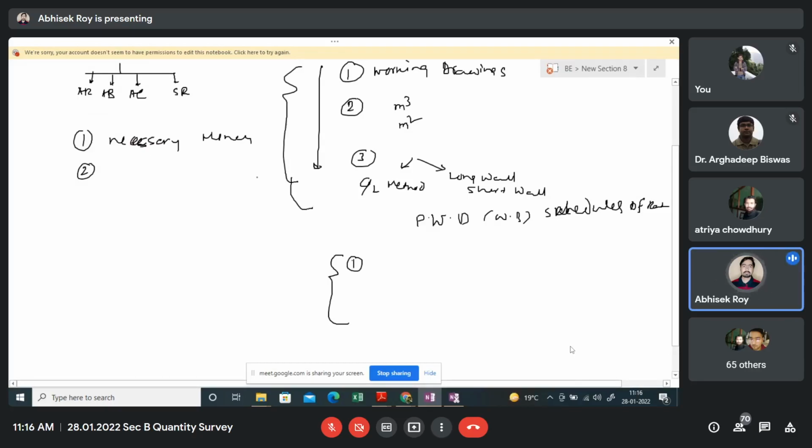So obviously this portion we will teach you, but that portion we will not be able to teach you because the timing is limited, and that is not within the course. But if we get time, we will introduce you to some of the software with the help of which you can calculate the quantity surveying and do the estimation part also.